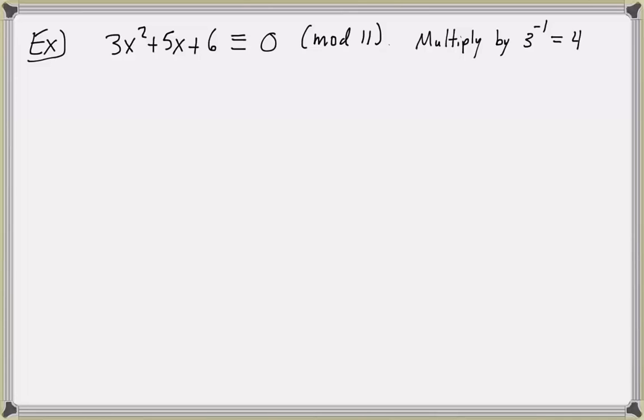So I multiply everything by 4, and I get 12x squared plus 20x plus 24 congruent to 0 mod 11. And I can reduce the 12. 12 is congruent to 1. And I'm going to leave 20 alone because I needed an even middle coefficient. And then I'm going to reduce 24 to 2 mod 11.